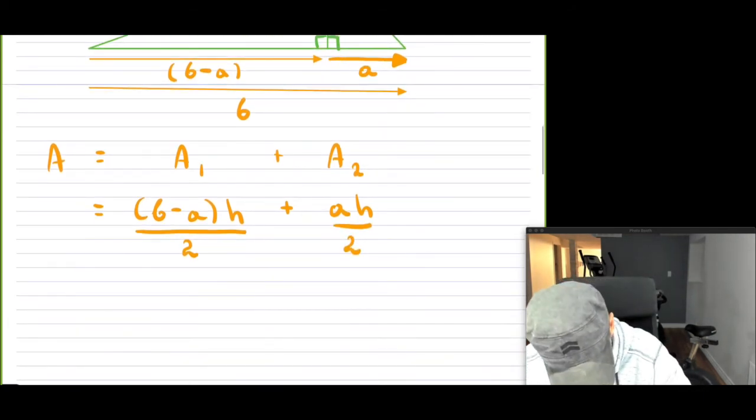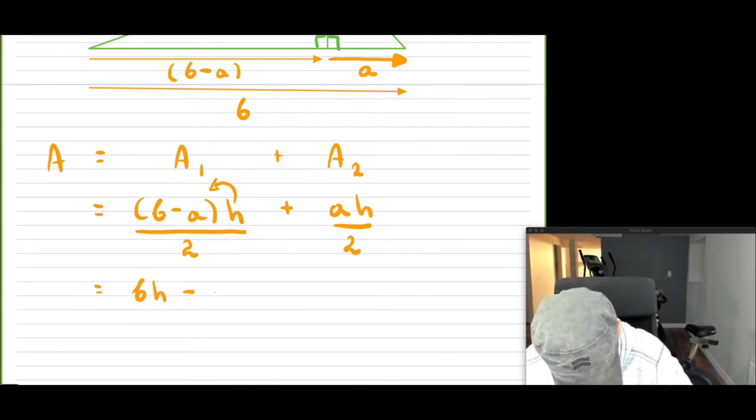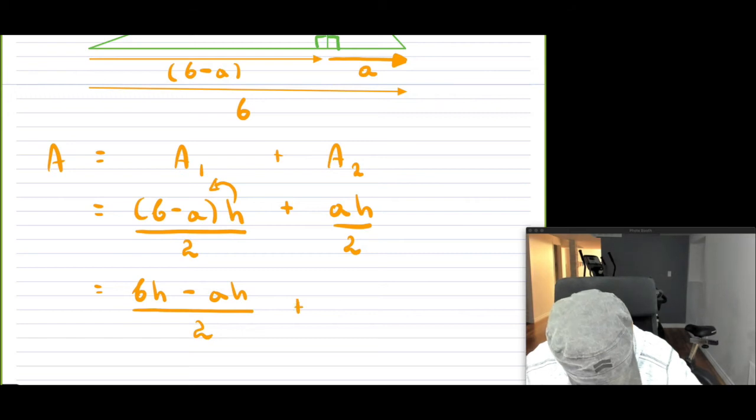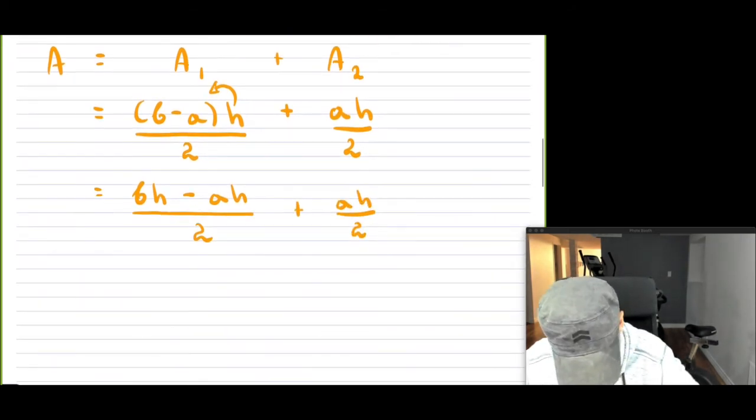So I can now bring the H inside the bracket and expand this. I'm going to get B times H minus A times H, all over 2, plus A times H over 2.